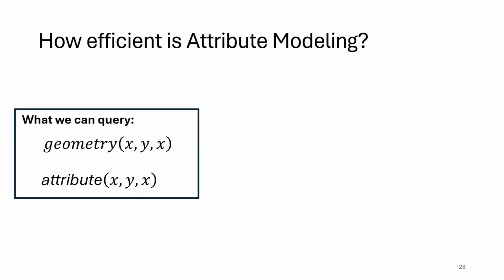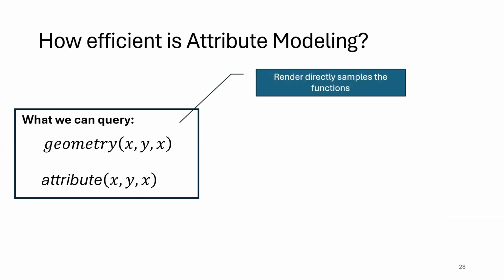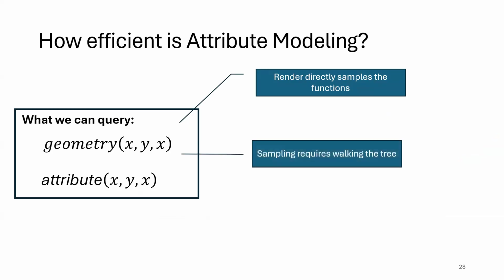So you might be wondering, how efficient is attribute modeling? Can we scale this to our inkjet 3D printing scale? If we remember, for attribute modeling, we can query our geometry and our attributes. Every time the renderer wants to render, we're going to sample these functions. This means we're going to have to walk the tree.